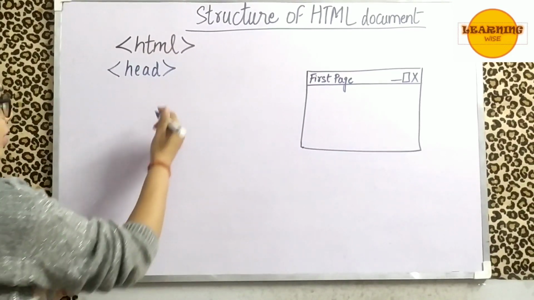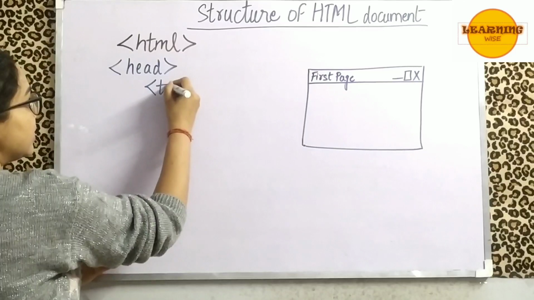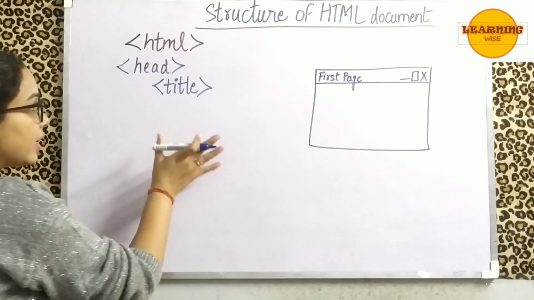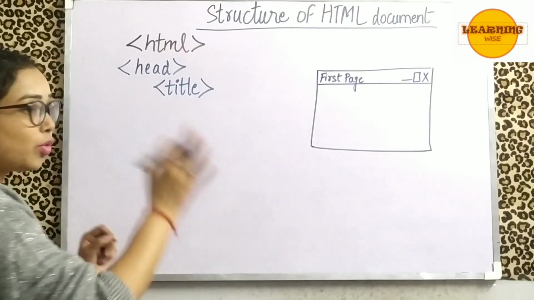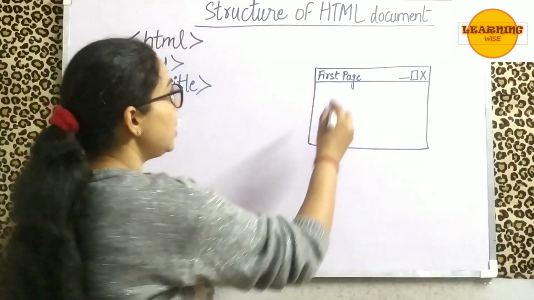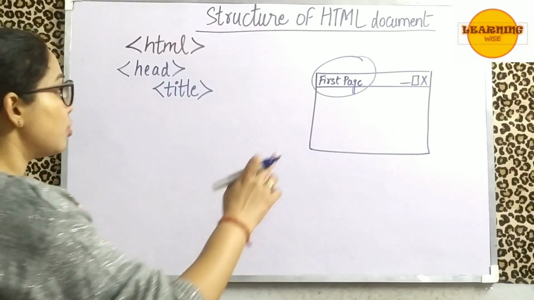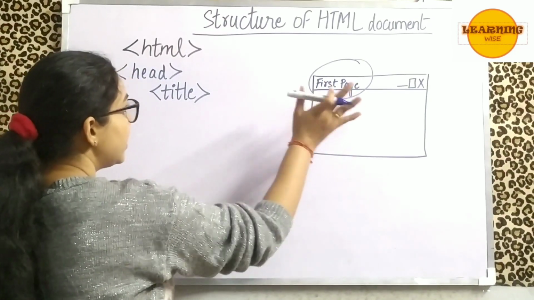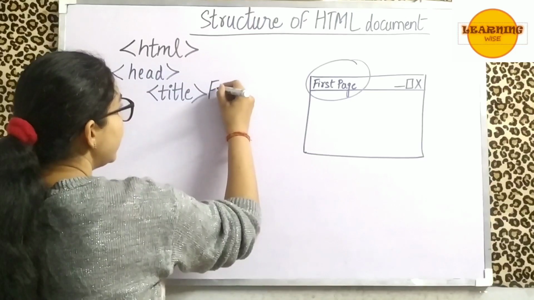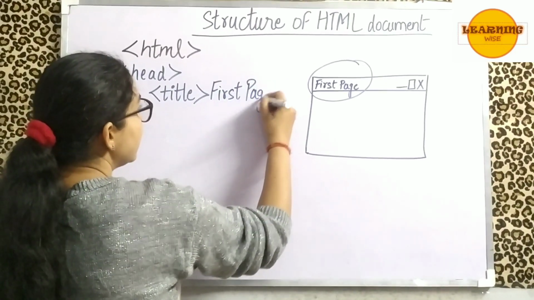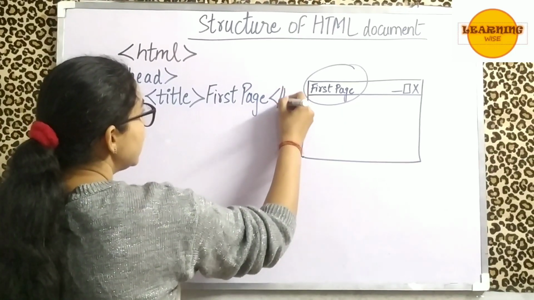Within the head we have got the title tag. Okay. And in the title you are going to put whatever you want to see as the title of your web page. Okay. So if I want first page to be written in the title, I am going to write down first page here. And thereafter I am going to close the title tag here.